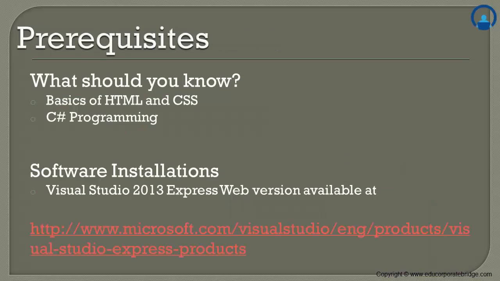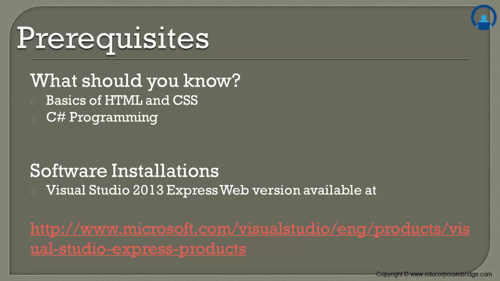Now that we have understood the MVC architecture and the need of this framework, let's start learning it. To start with, you need to have a basic knowledge of HTML and CSS and a good working knowledge of C#, since that's the programming language that we are going to use for all our examples.